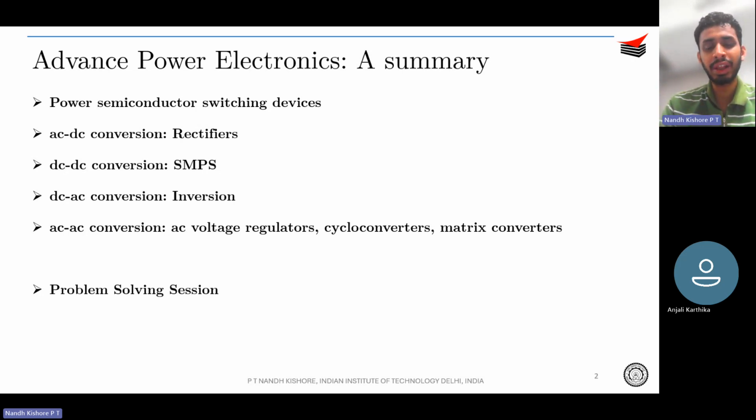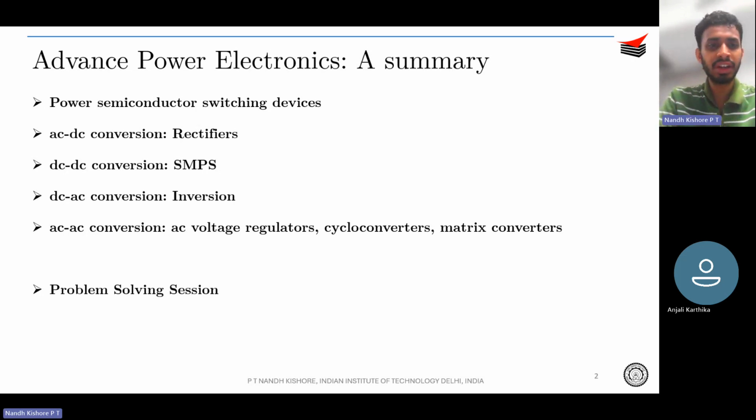You categorized switches as one quadrant, two quadrant, or four quadrant devices, with distinctions such as voltage bidirectional and current unidirectional switches like SCRs, or current bidirectional and voltage unidirectional switches such as MOSFETs or IGBTs.